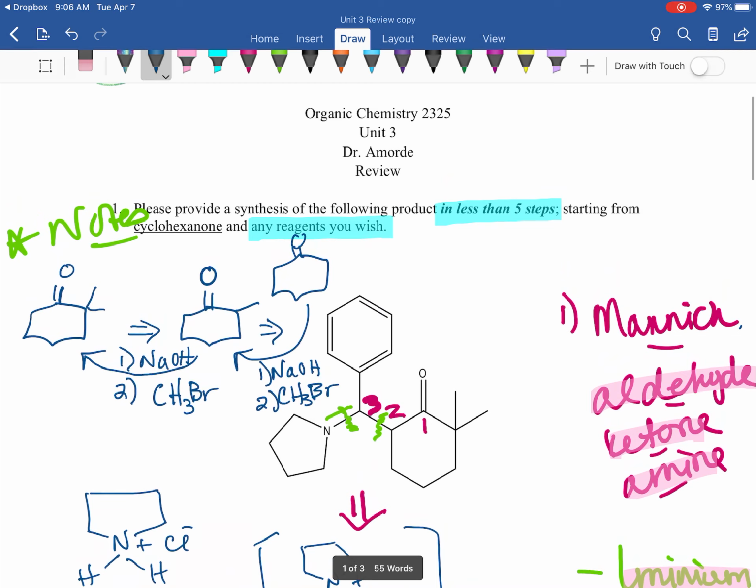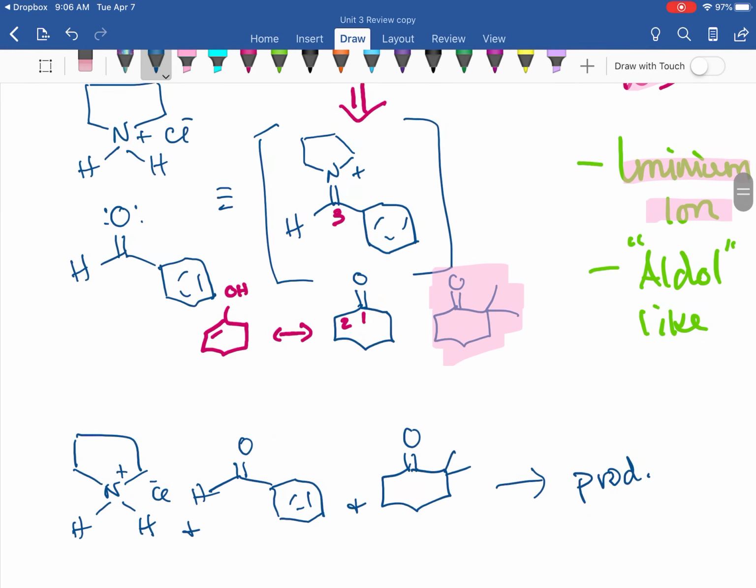If we were to pause for a second and draw this whole thing forward, we would find that this reaction we could do in actually only two steps. Start from your cyclohexanone, add sodium hydroxide and methyl bromide. You're just going to add it in excess. So let's add that to our synthesis down here.